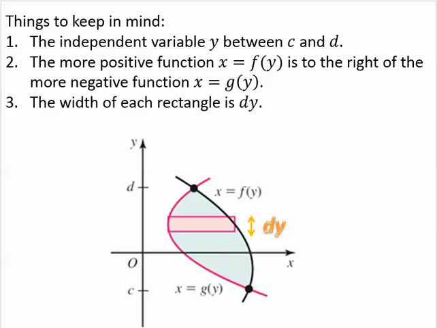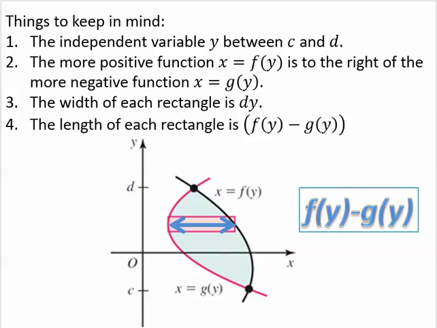The width of each rectangle is dy, and the length of each rectangle is f minus g, so f of y minus g of y, the right-hand curve minus the left-hand curve.